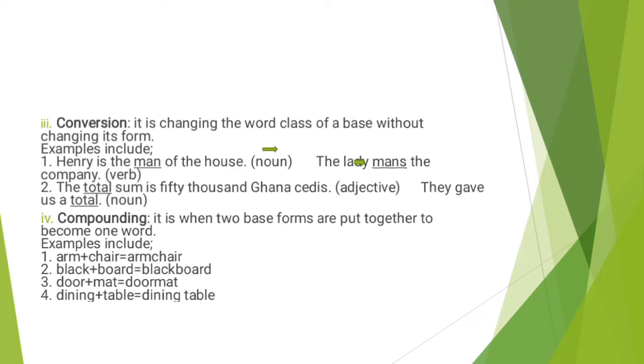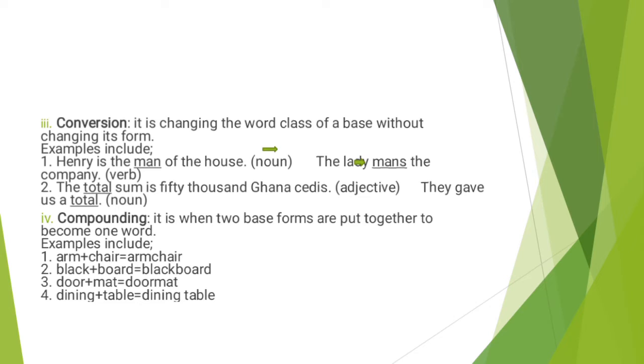The second example: The total sum is 50,000 Ghana cedis. The underlined word is total, which is an adjective. And the second sentence: They gave us a total. Here too, total has been underlined, but in this sentence, total is seen as a noun. So this is known as a conversion.